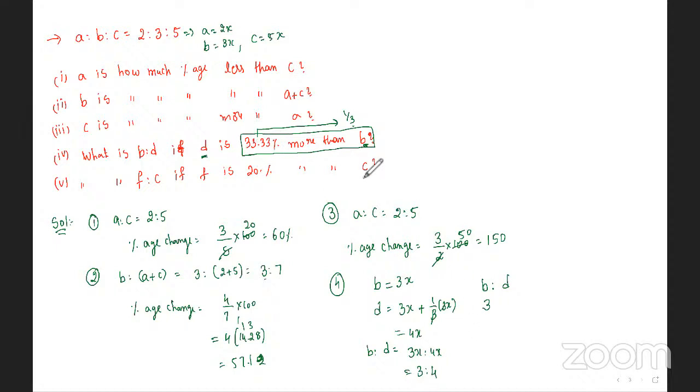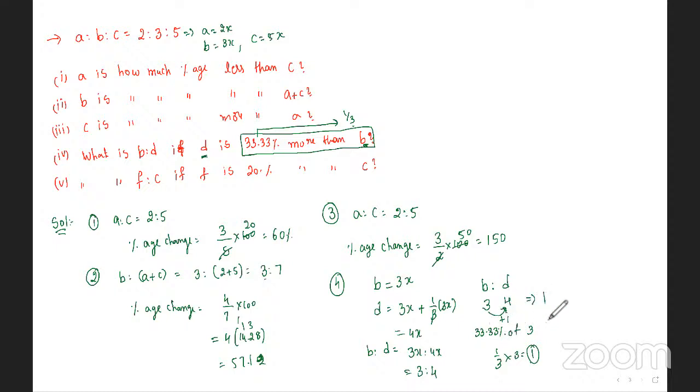Now what is 33.33% of B? I don't need to set the variable. I am trying to find the ratio, so I'll take the number only and then I'll write it in the ratio. 33.33% of 3, which is 1/3 of 3, which is 1, right? उतना आपको बढ़ाना है. D is B से 1/3 ज्यादा, so 4 हो गया.